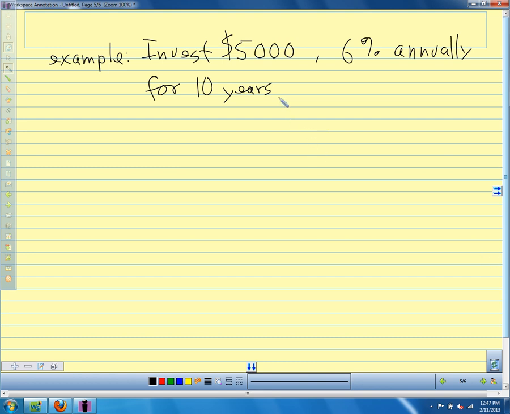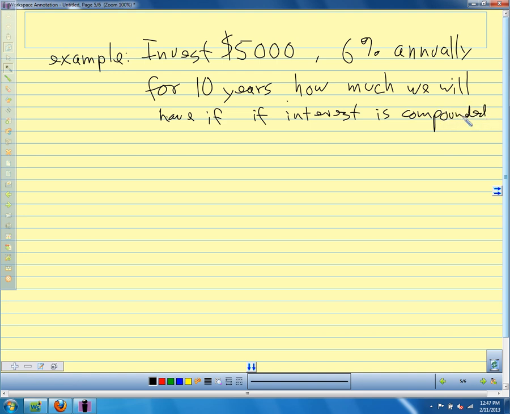We want to know how much we will get if our interest is compounded, and we're going to do several examples. For number one, we're going to compound annually.